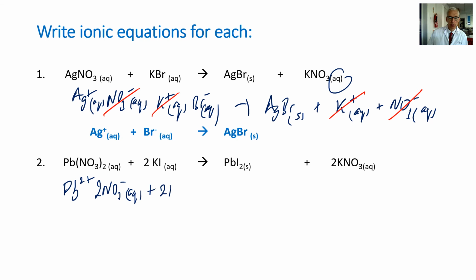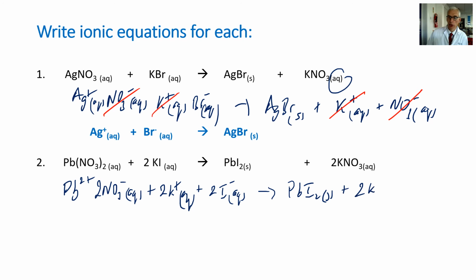So I've got 2 potassium ions also, 3 aqueous potassium ions plus 2 iodide ions, aqueous. However, the lead iodide is an insoluble substance and therefore forms a precipitate.